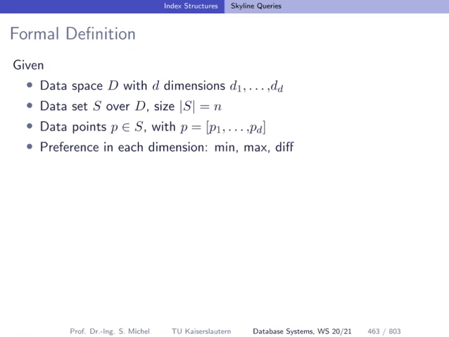So let's have a look at how this is formally defined. We have a data space D of small d dimensions, d1 to dd, and we have a data set S with n points. Each data point we can describe by coordinates for the individual dimensions, and we also need to specify for each of the dimensions which one is better: a large number, a small number, or whether the numbers in the dimension are not comparable, which will be clearer in a minute.